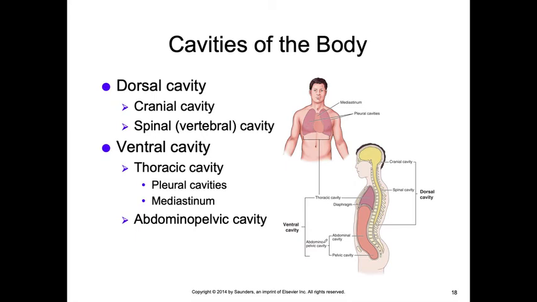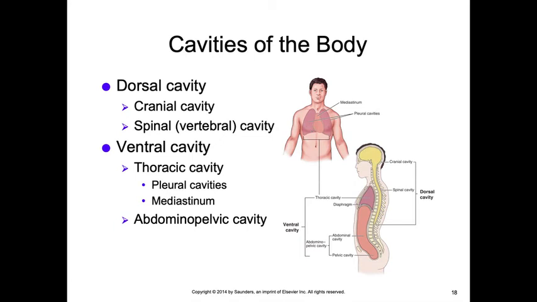The ventral cavity is made up of the thoracic cavity, which is your chest cavity, which contains the pleural cavities that house the lungs, and the mediastinum, which houses the pericardial cavity, which houses the heart. And then the abdominal pelvic cavity, which is below a structure called the diaphragm. This muscle right here aids us in breathing. It contracts when we inhale, and it relaxes when we exhale.